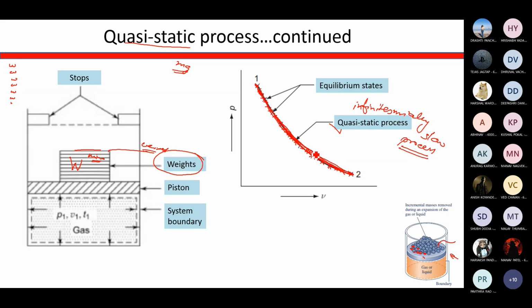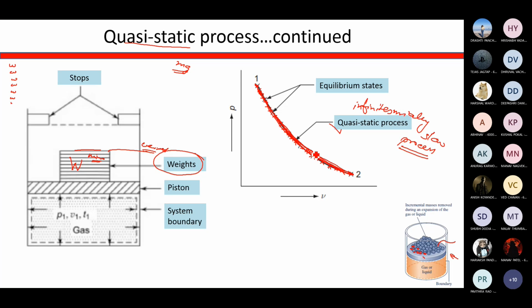So for example, this process may require minimum work input, right? Suppose it is a power consuming device, let us say. So you are giving some work input to the system to run that, right? So if you have this kind of process, it may require minimum work.